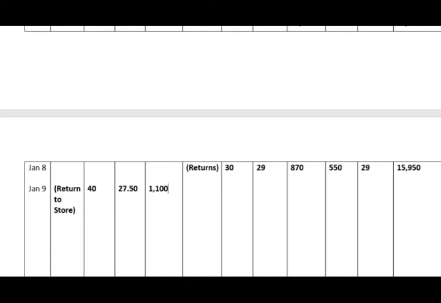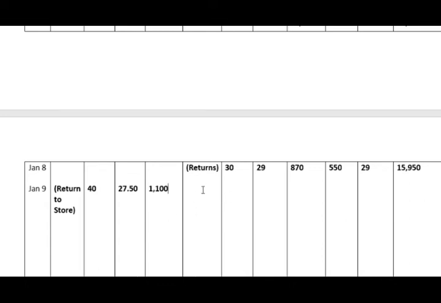to record any return to store in such a way that it will be issued first. So if it is the FIFO method, we should write it first because only when it is written first, it will be issued first. As it is actually an older stock which has already been issued, which came back to our stores, we have to record it in such a way that it will be gone after the next issue happens, or it will have a preference over the existing stock. That is the only thing.